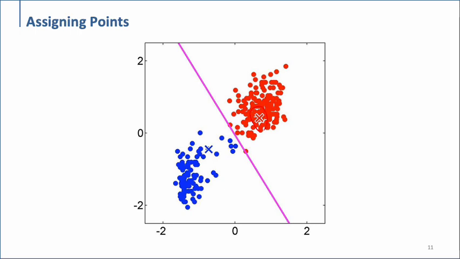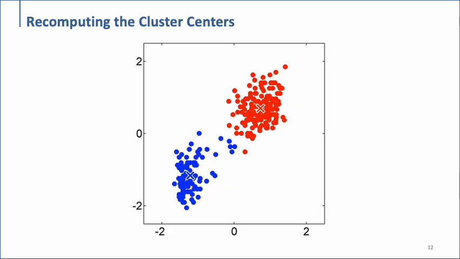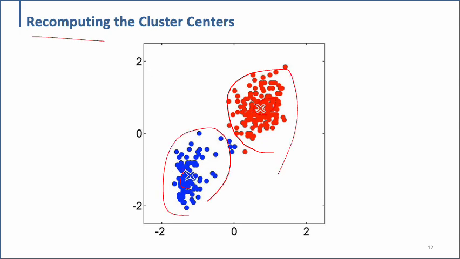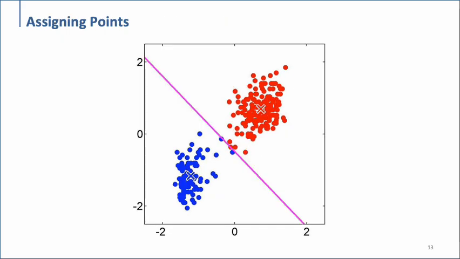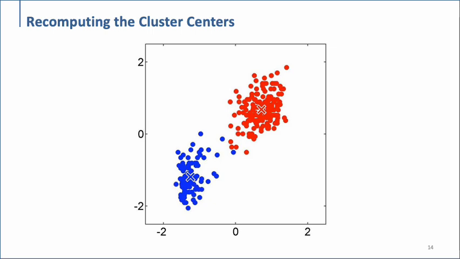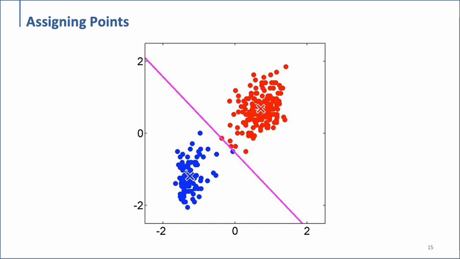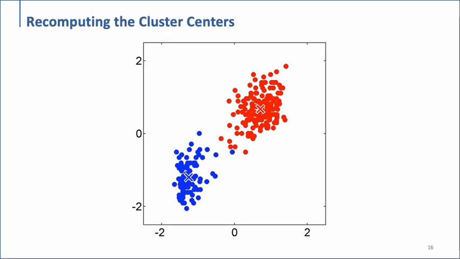For these new updated clusters, we again assign all the data to a proper cluster. Then from the updated clusters, we recompute the cluster centers and iteratively conduct the process. Here we recompute the cluster centers again, assign the points again, and again recompute the cluster centers.